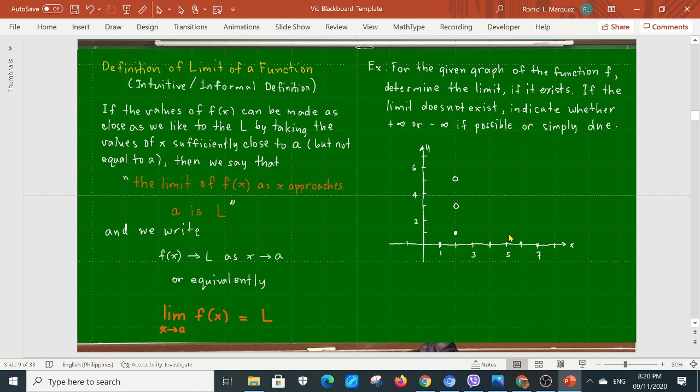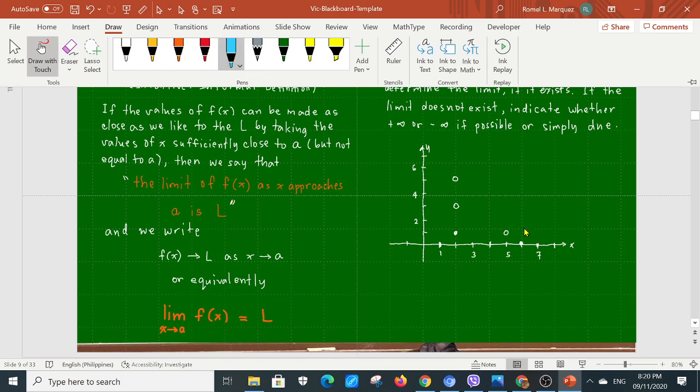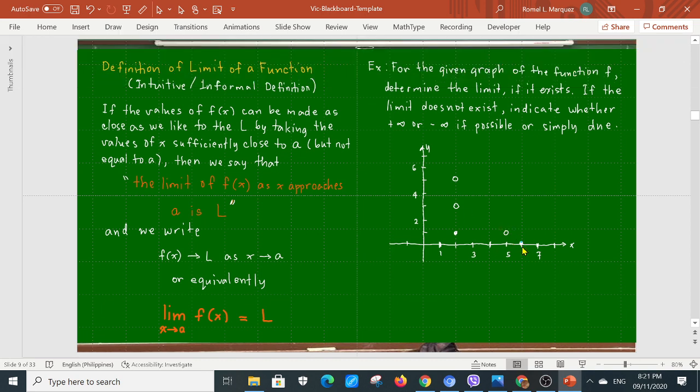So we have, let's say at this point, I want it to be like this. And then at 5, I want it to be open also there. Make a beautiful open. Okay. This is the function.